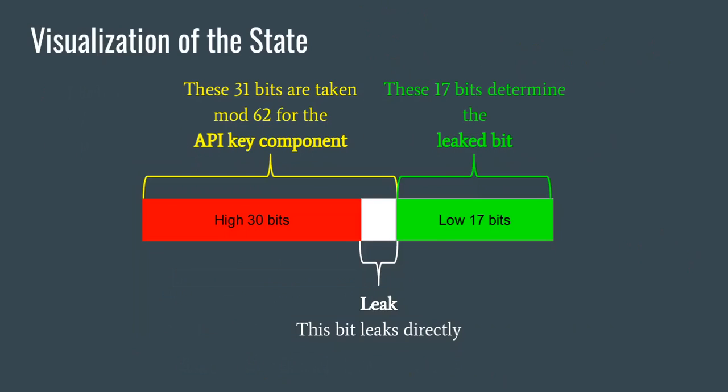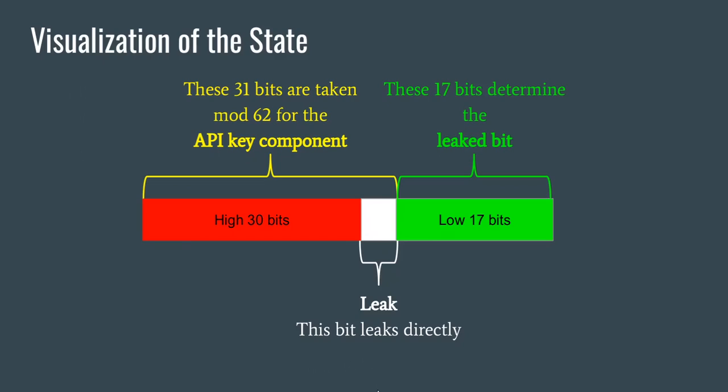So what we can do is employ a kind of meet in the middle attack. We have this bit, the 18th bit, that leaks directly per state. So with every character of an API key that we issued, we get 1 bit, this bit here, because we know if the highest 31 bits are even or odd as a number.